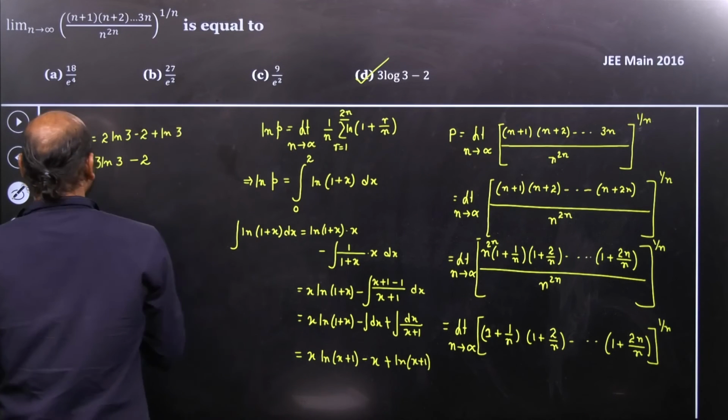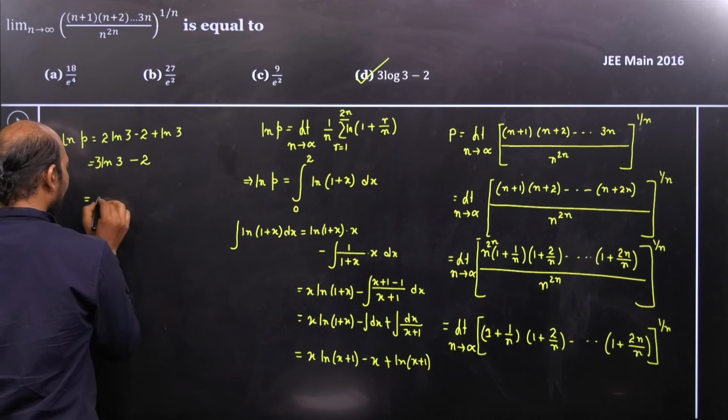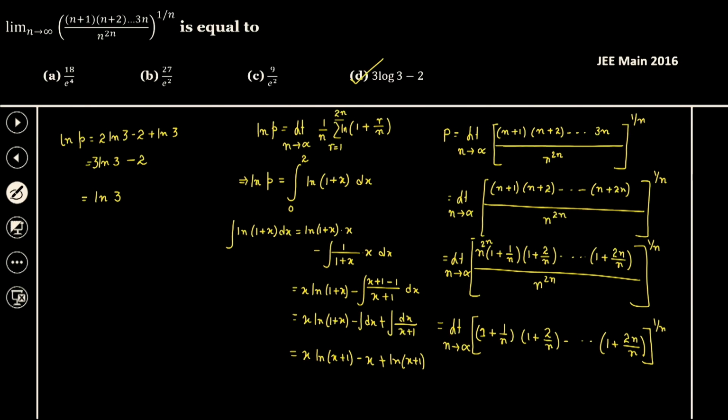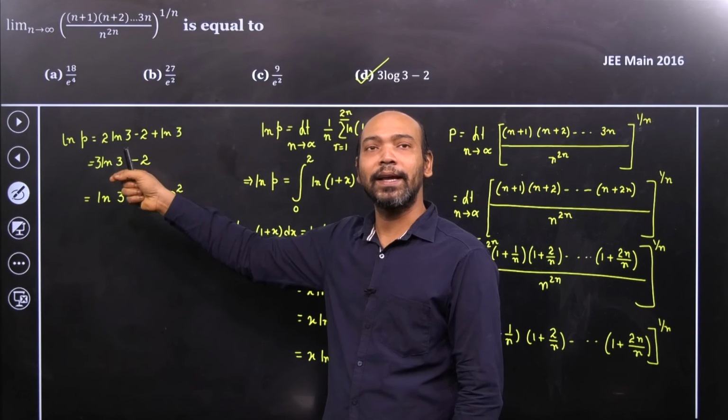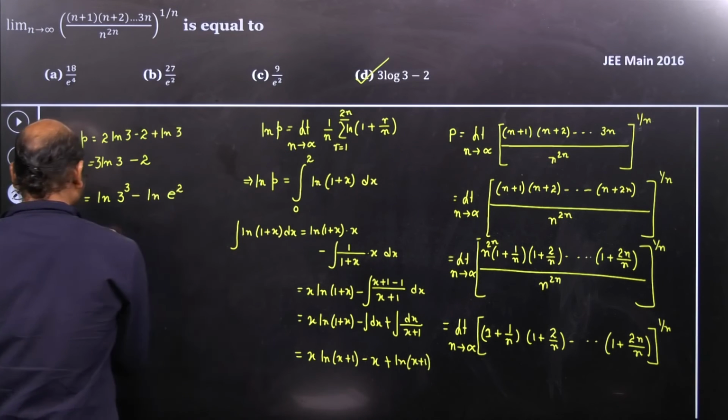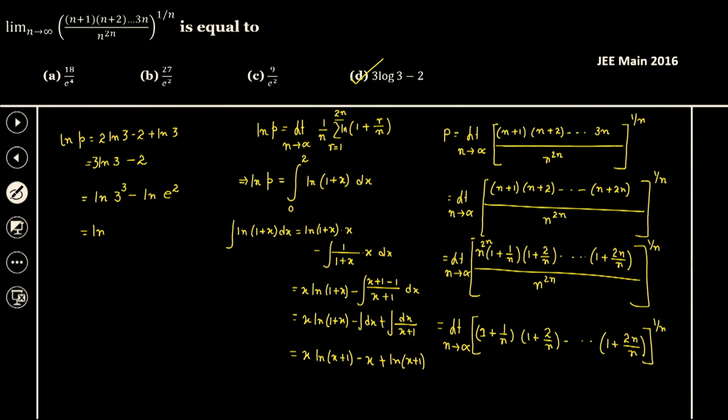See that here 3 ln 3 minus 2, we can write it as ln 3 cube minus log of e square, because e is the base. So 3 cubed gives you 27. Therefore it can be written as log of 27 by e square, and hence my required value of p is equal to 27 by e square.